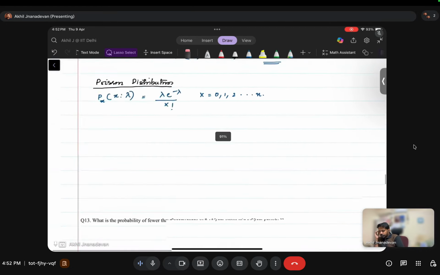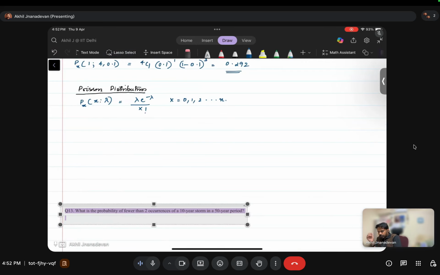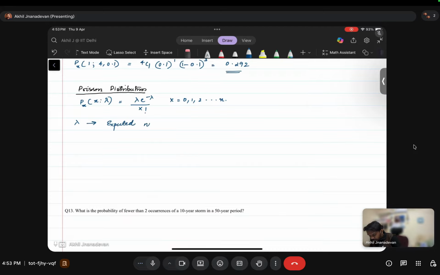So coming to the Poisson distribution, we need to find the parameter lambda. So I'm trying to define the parameter here. The parameter lambda, we can say, is the expected number of 10-year floods, that is having a p equal to 0.1, right? 1 by 10, in 4 years.